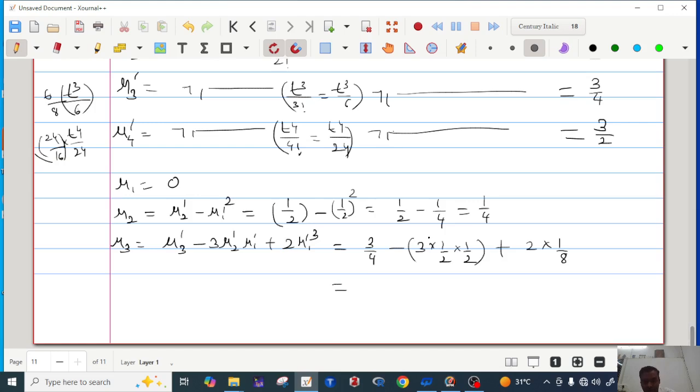Solve this: 3 by 4 minus 3 by 4 plus 2 upon 8, so the 3 by 4 get cancelled. 2 upon 8 is 1 by 4, which is positive. So the interpretation is, therefore, the distribution is positively skewed.